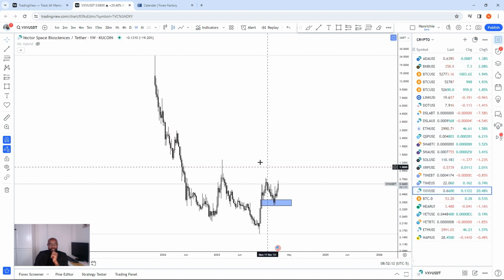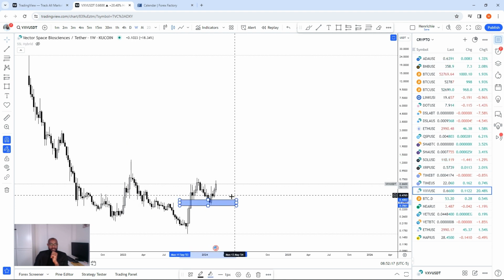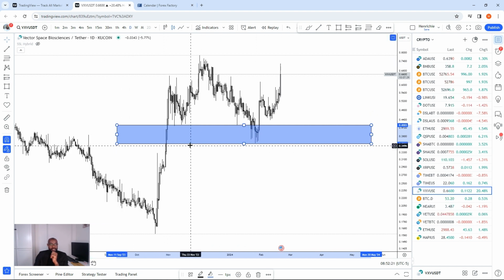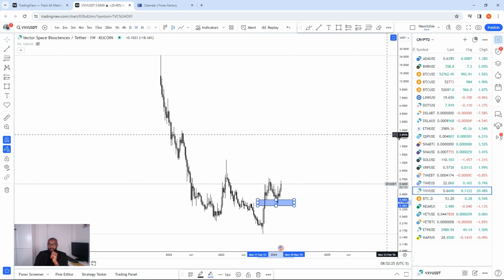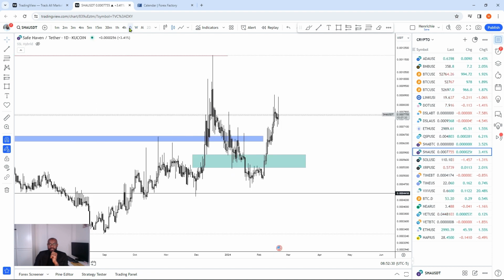So a lot of coins are really performing well. Vector Space AI performing well as well, doing 20% in one day, tapped into the inefficiency, expanded higher. Safe Haven, not really much today, 3%.